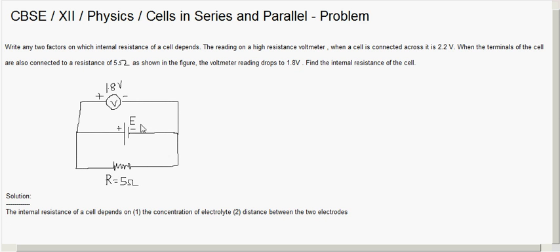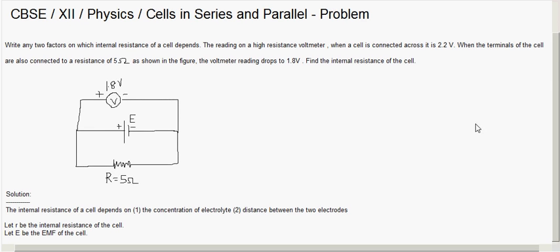Now we need to find out the internal resistance of the cell. We'll write, let r be the internal resistance of the cell. Let E be the EMF of the cell. Now the first case is the reading on a high resistance voltmeter is 2.2 volt. That is the case when we don't have the external resistor R equal to 5 ohm.